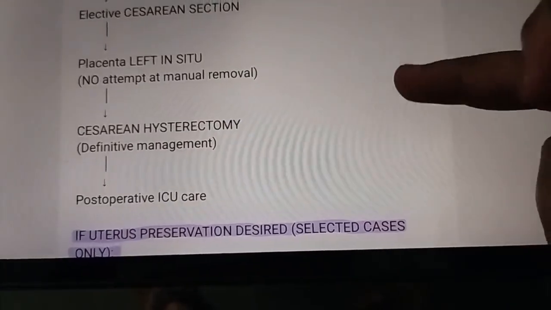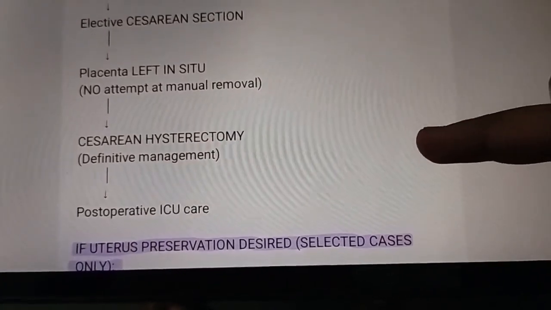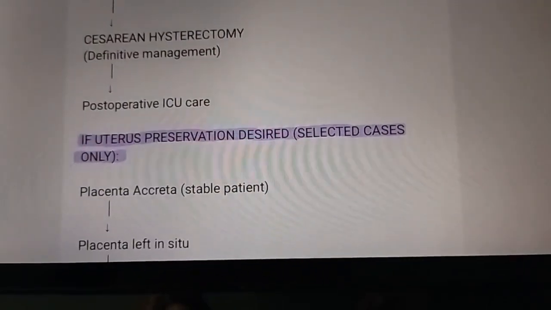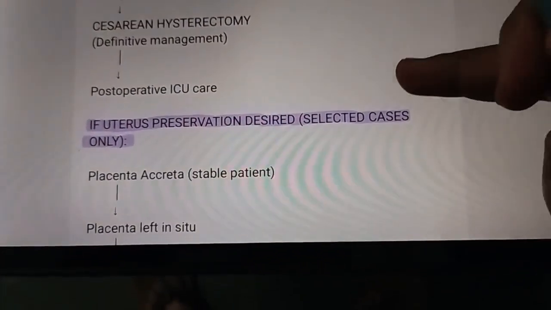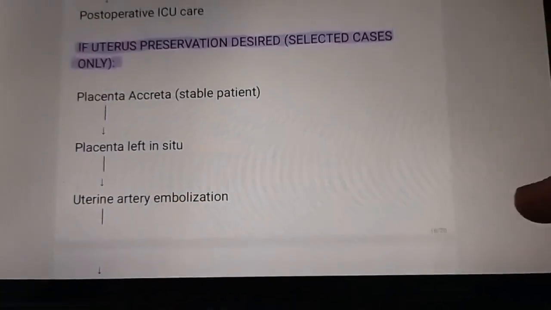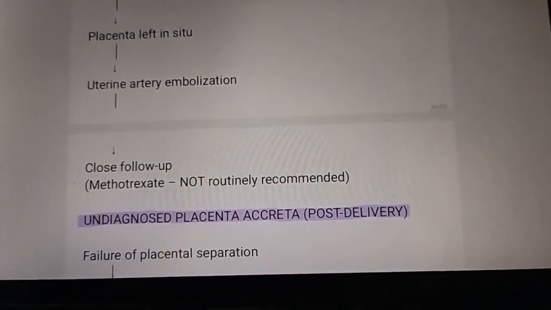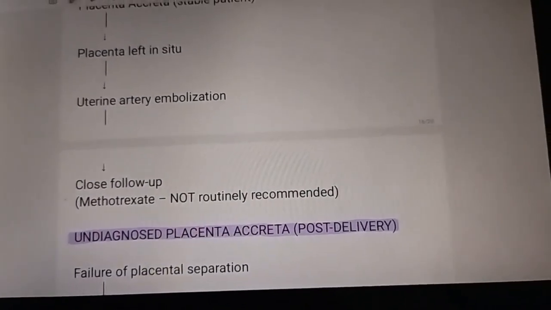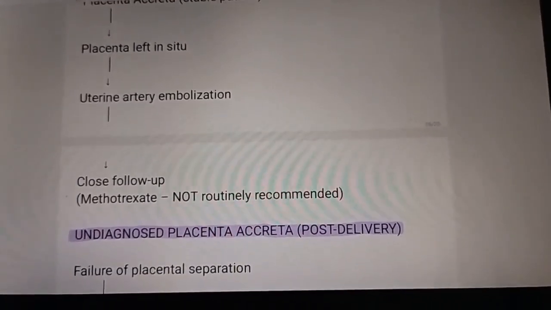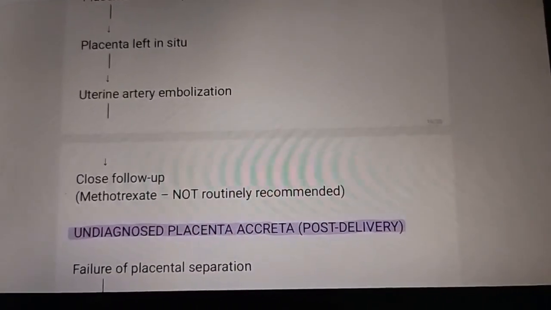If the patient wants uterus preservation, then placenta is left in situ and we do uterine artery embolization and close follow-up. It is clearly mentioned that methotrexate is not routinely recommended.